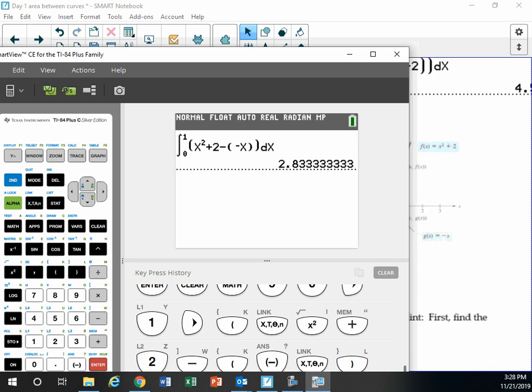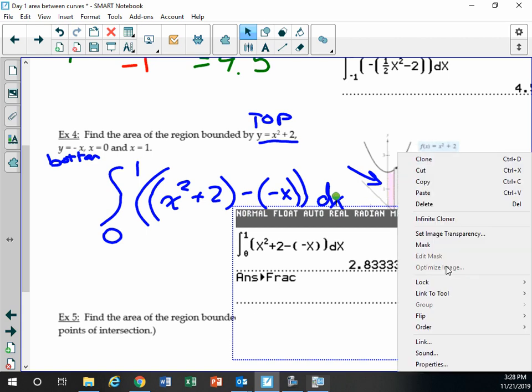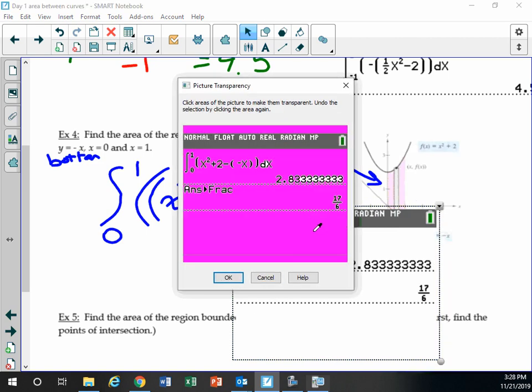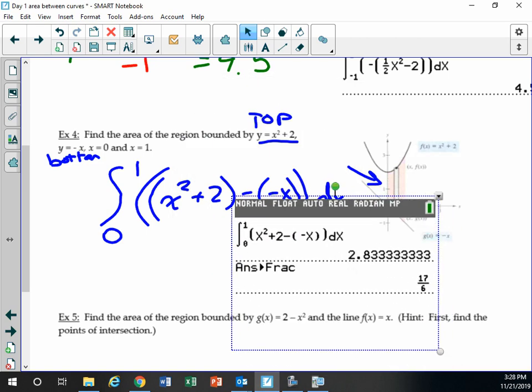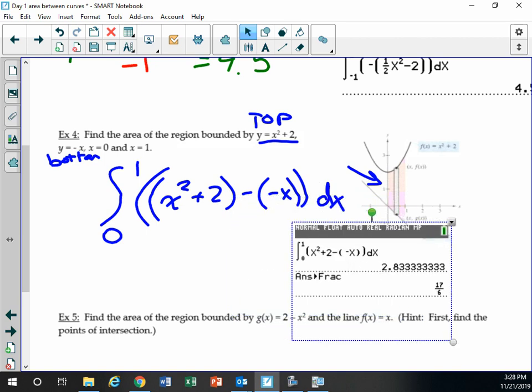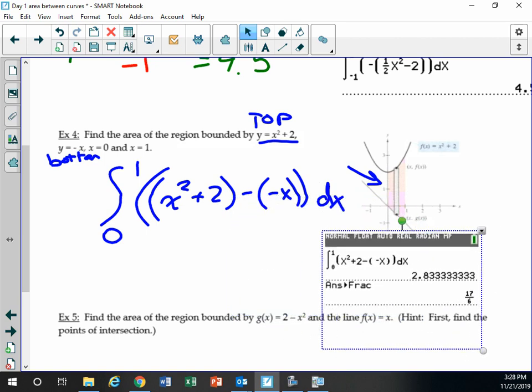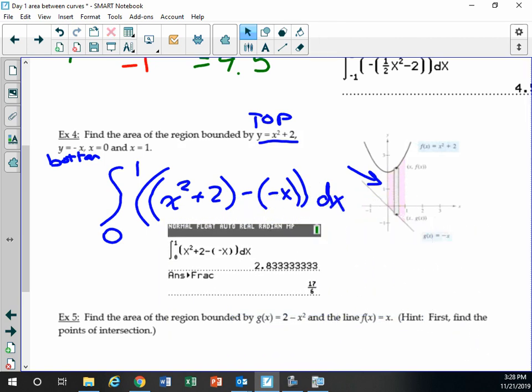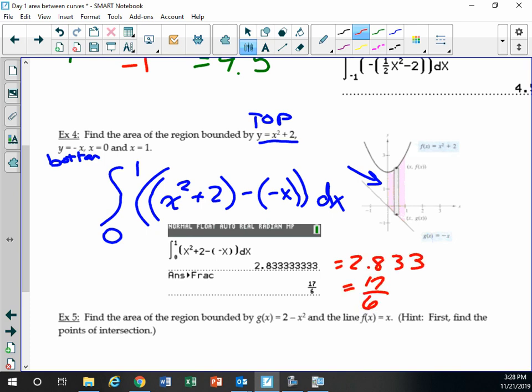And then I'm going to do this so that I have the answer as a fraction. And you'll notice there are my answers: 2.833 if you're rounding it, or 17/6. And that is the shaded region right here, the area between these two curves.